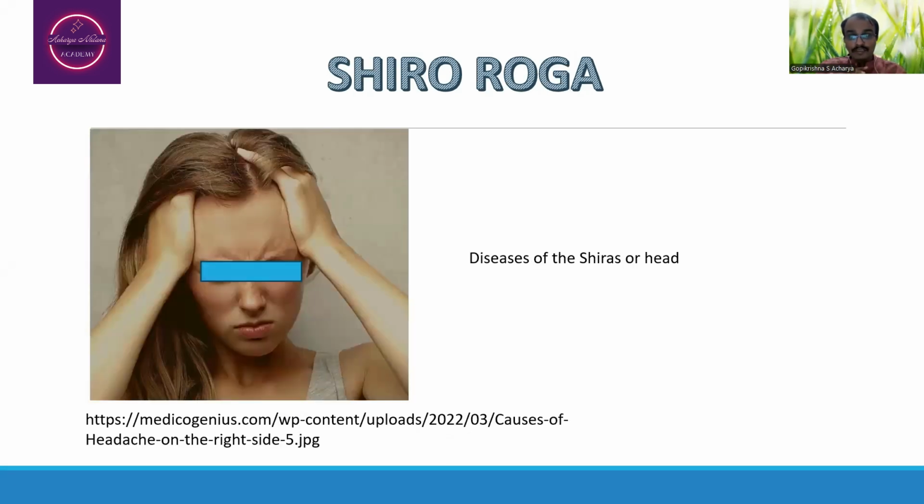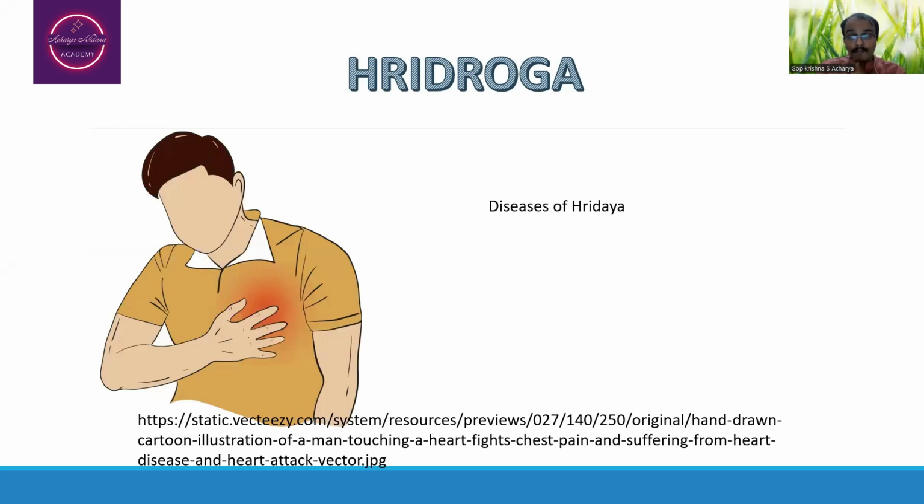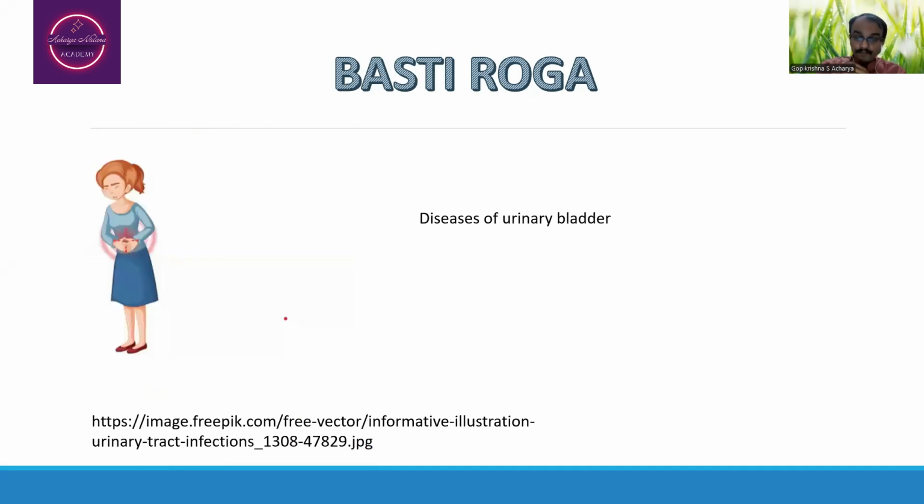Plus Shiro Roga, the diseases related to the head, Shiras, wherein the person may be holding the head with excruciating pain, etc. Hridroga, that is another marma, the trimarma as such.